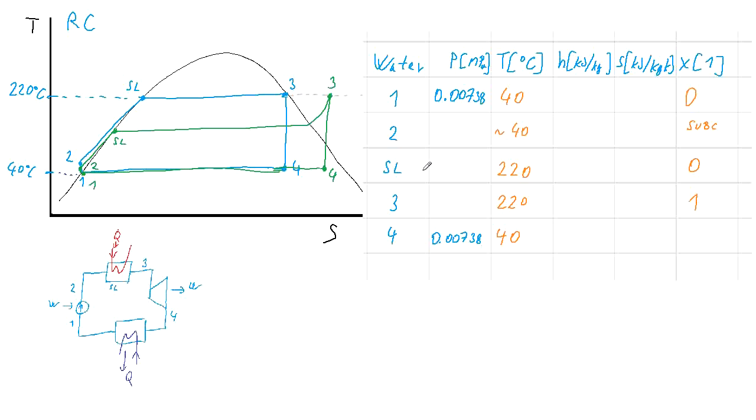Now, at the point saturated liquid, or point 3, we have also steam quality, we have the temperature, so we can get the pressure from the temperature and being at the saturation line.